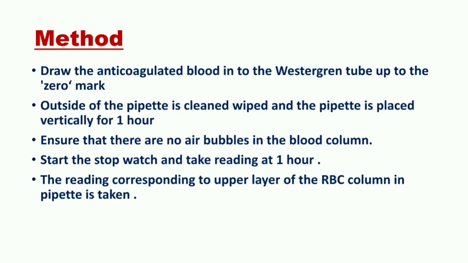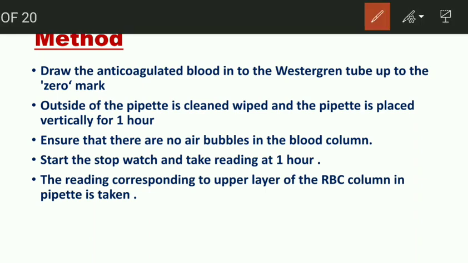Now, the procedure. Draw the anticoagulated blood in a Westergren tube up to the 0 mark. Then the pipette is wiped clean on the outside and placed vertically for 1 hour without any disturbance.